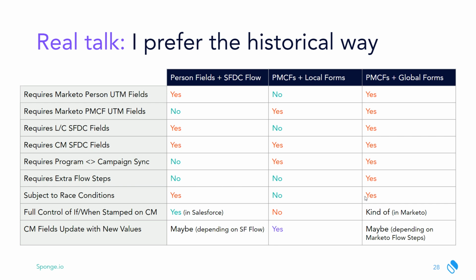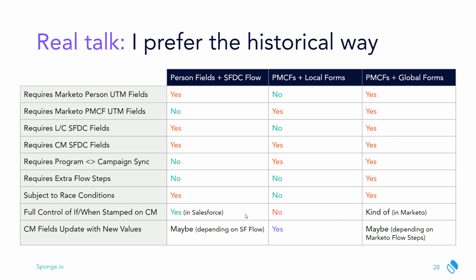It's still subject to the same race conditions: if somebody's filling out multiple forms in rapid succession, you could potentially overwrite those lead and contact fields before they get synced to the campaign member in Salesforce. That is not an issue when you do local forms, because it's updating those program member custom fields directly rather than in flow steps.